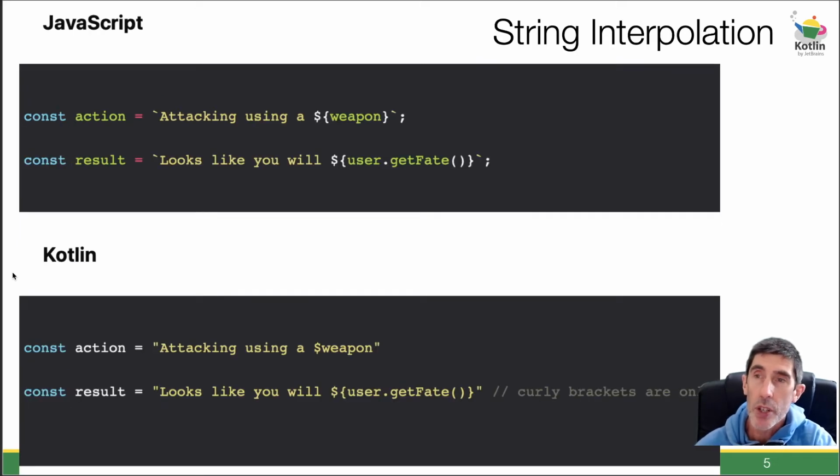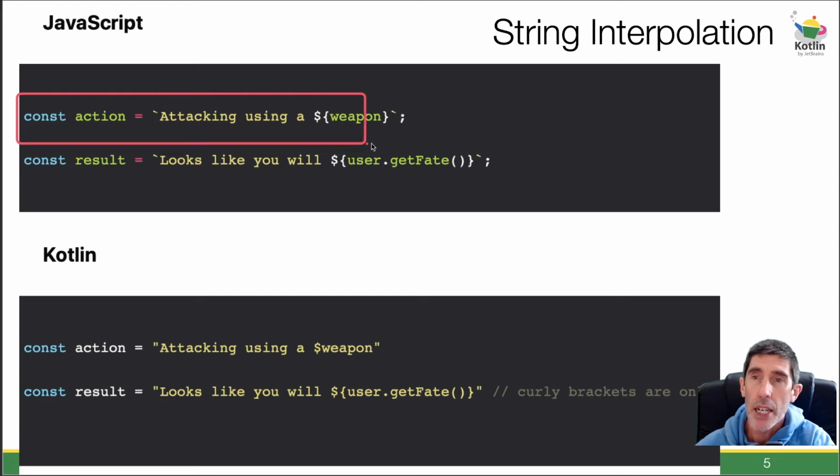A little bit more about strings. So string interpolation. You've probably seen a Game of Thrones theme here. If you look at the full reference, you'll see why. But anyway, here we are saying const action, right? It's just a string there as our text. Attack using a $ curly brackets weapon.